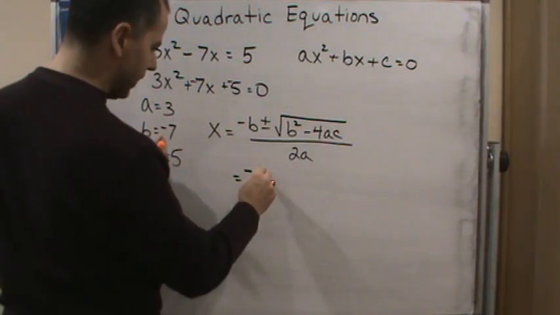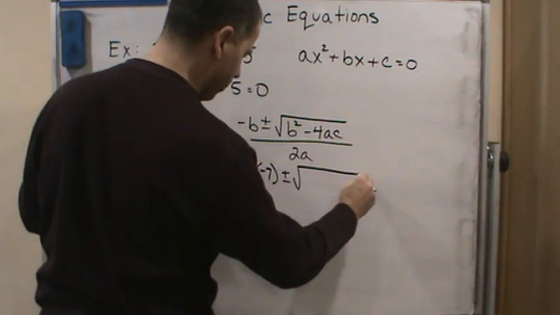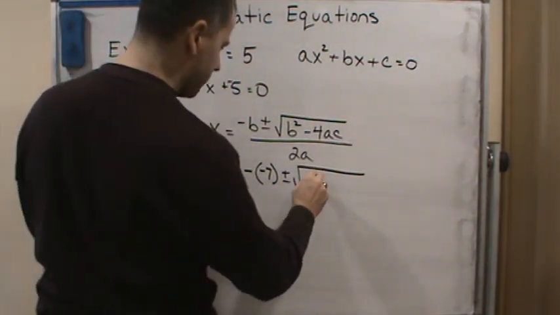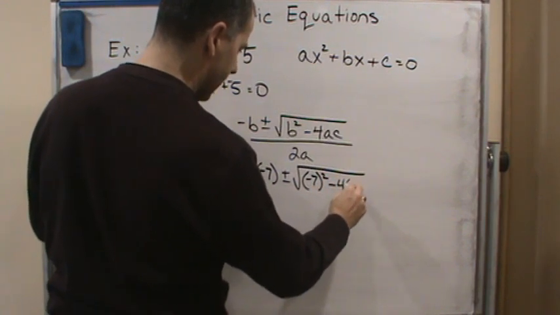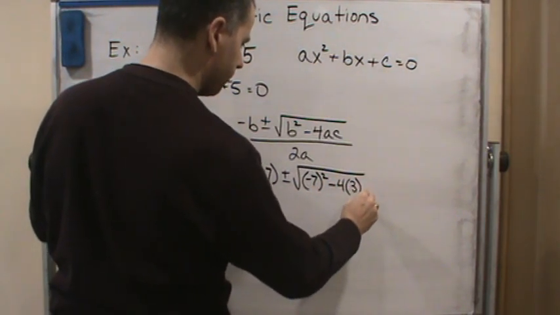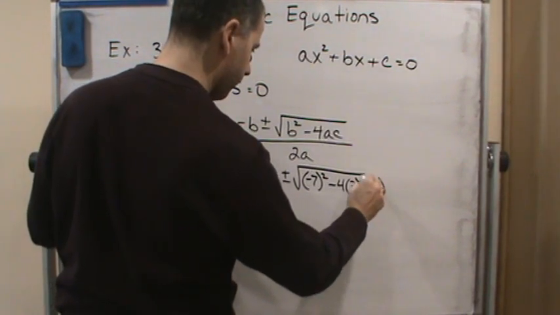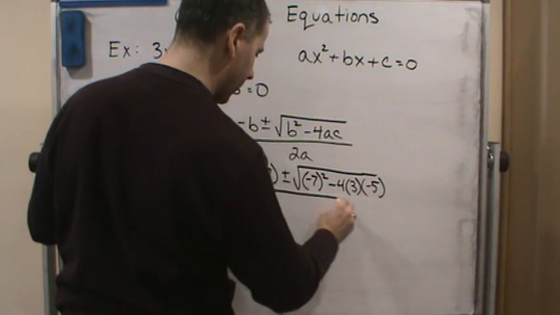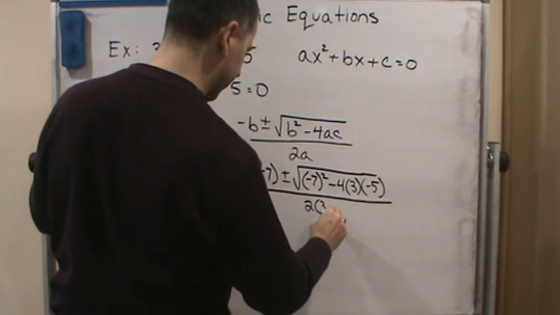So it's the negative of negative 7 plus or minus the square root of negative 7 squared minus 4 times a, which is 3, times c, which is negative 5. Now I'm going to divide that whole thing by 2 times a, which is 3.